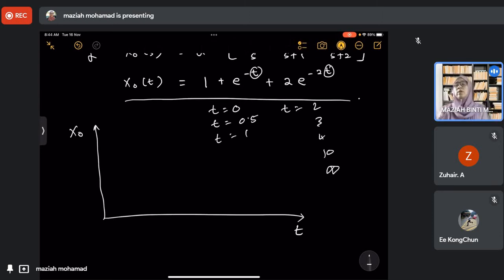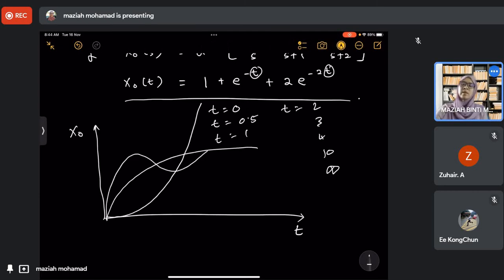Any values actually. Once you get the values, you can plot whether it behaves something like this, or like this, or maybe something else. In order to know the behavior, you need to calculate the value of x naught when t is 0, 0.5, 1, 2, 3, 4, 5, 6, 7, 8 until infinity. It does not matter how far.